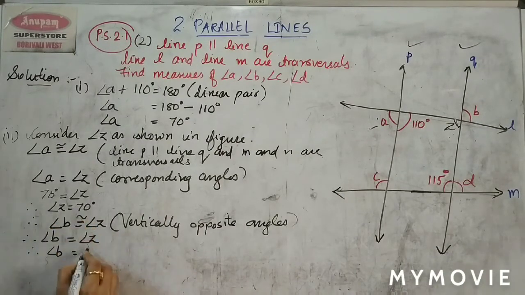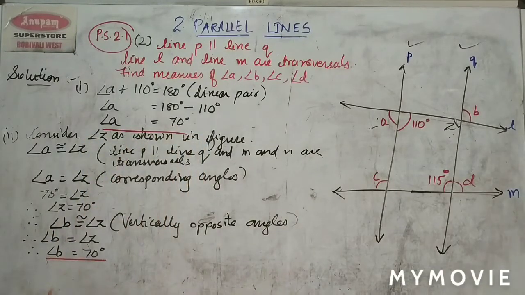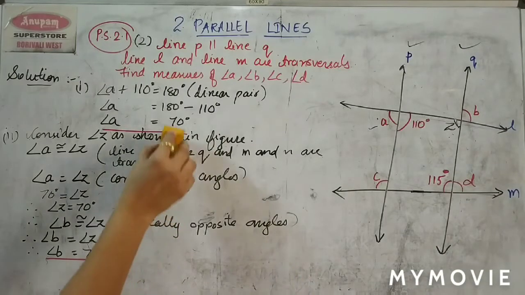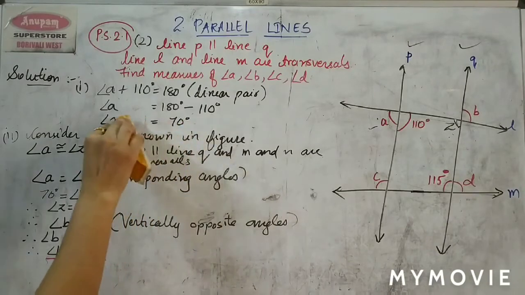Z is 70 degrees. So instead of Z I will write down 70 degrees. So I got angle A which is 70 degrees. I got angle B which is 70 degrees again. Okay. Now let us proceed further and find out the angle C.